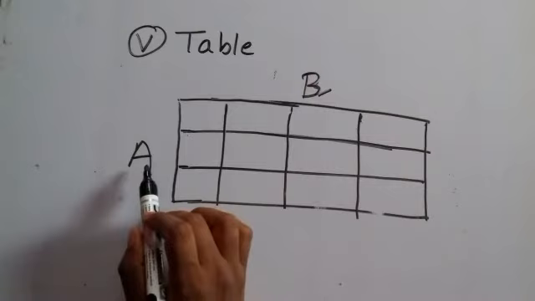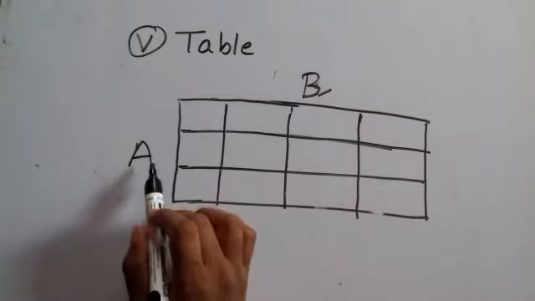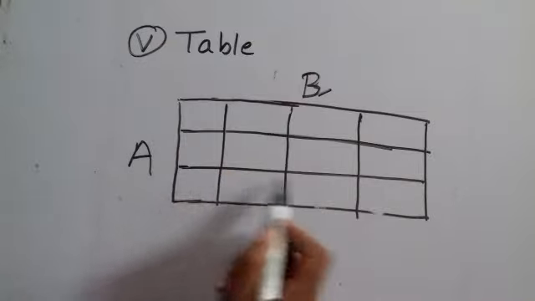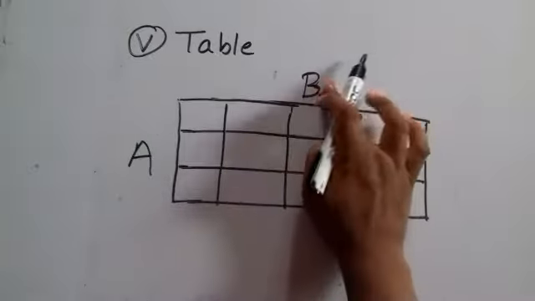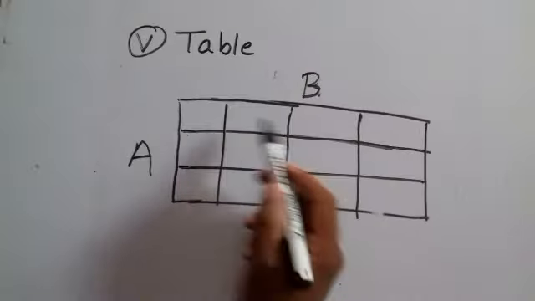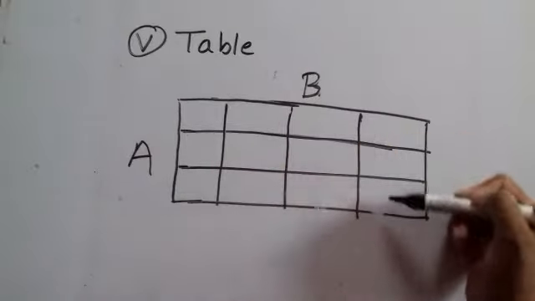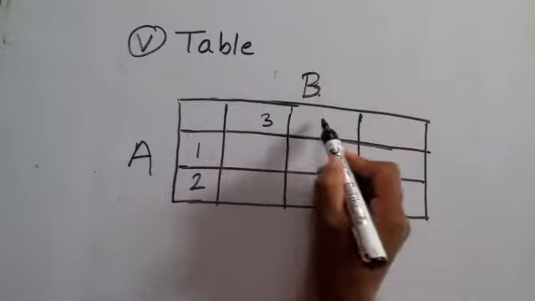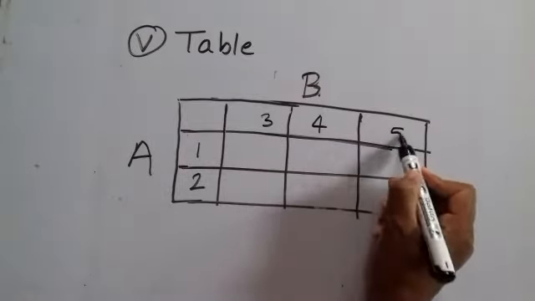Since elements in set A are 2, we have drawn 3 rows, and in set B the number of elements is 3, so we have drawn 4 columns. Now we write here elements of set A, 1 and 2, and elements of set B, 3, 4 and 5.